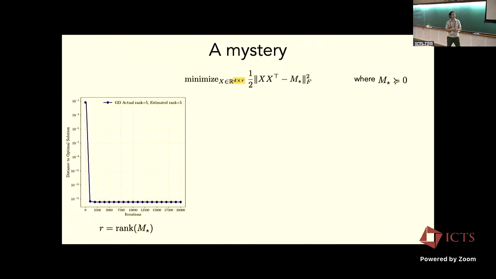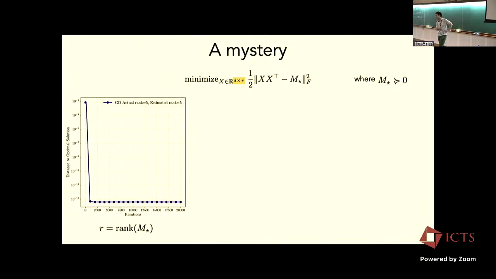If you know the rank of M star, and you've set up your problem so that you're optimizing over D by R matrices, then you'll find very quickly that as you run gradient descent, you will find a solution exponentially fast. What I'm showing you on the y-axis here is the distance to the optimal solution, if you can't read it. The x-axis is the number of iterations, and you can see very quickly we approach numerical precision.